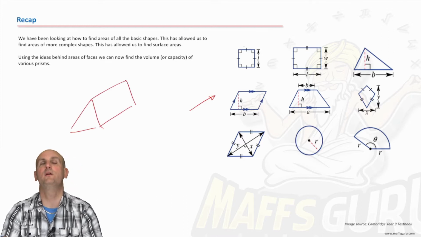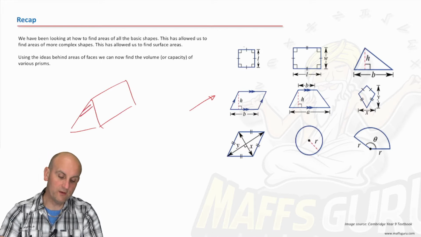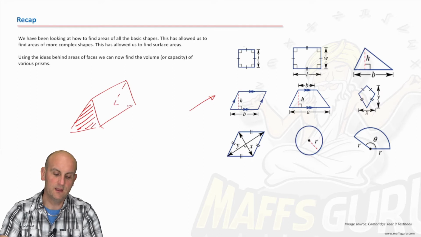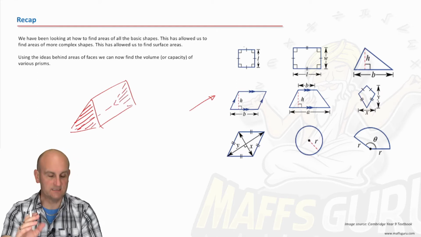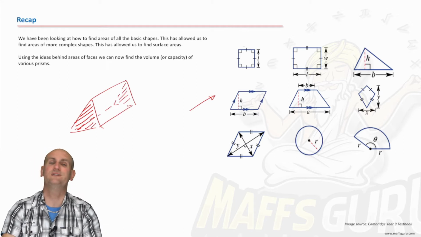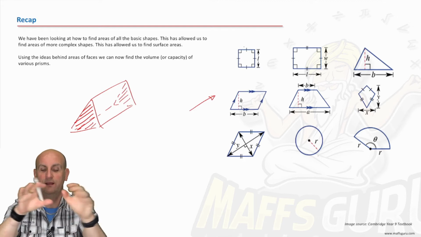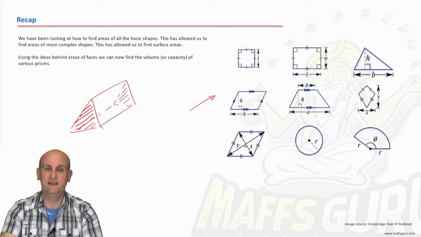Oh, I love Toblerone. What's the whole point about Toblerone? If we look at that shape, it's basically a triangle at the front, a triangle at the back, and three rectangles. Don't believe me? Next time you're in Coles or Woolies or Tesco's or wherever you're watching this video, pick up a Toblerone and have a look at the front, the back, and the sides.